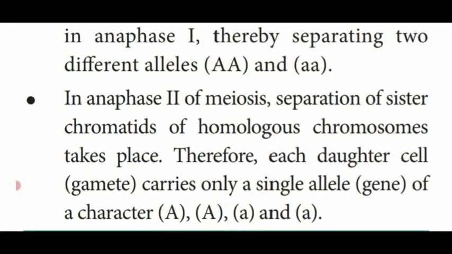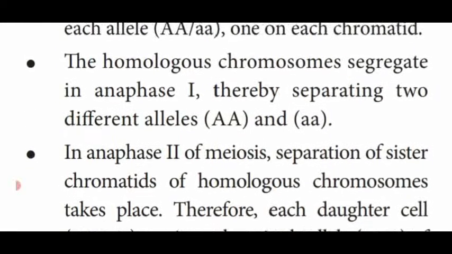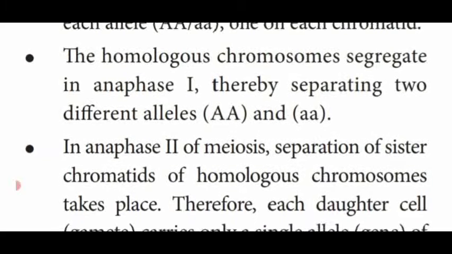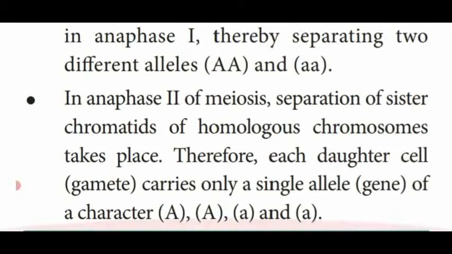That segregation takes place in the anaphase 1 stage. Likewise, in the second meiotic phase, that is anaphase 2, separation of the sister chromatids of the homologous chromosome takes place. Sister chromatids, what is that?